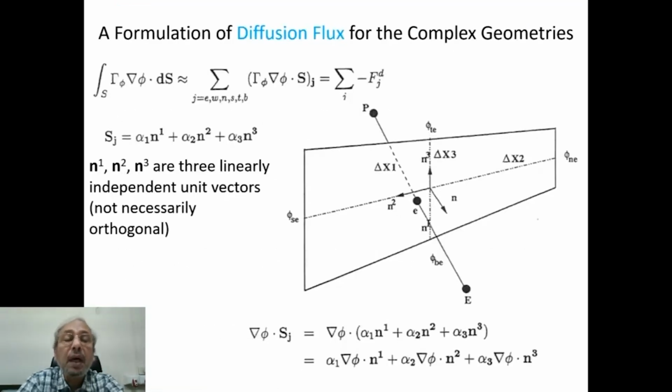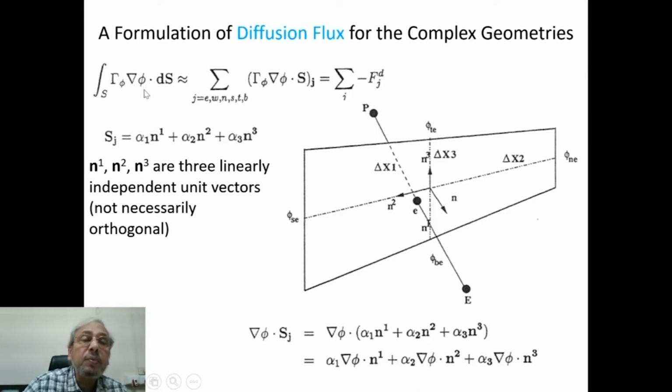Let us go for a little more detailed explanation of what we discussed. Basically, we are performing the surface integral, and this is the diffusion coefficient times grad phi. Phi is the quantity which can be convected or diffused.